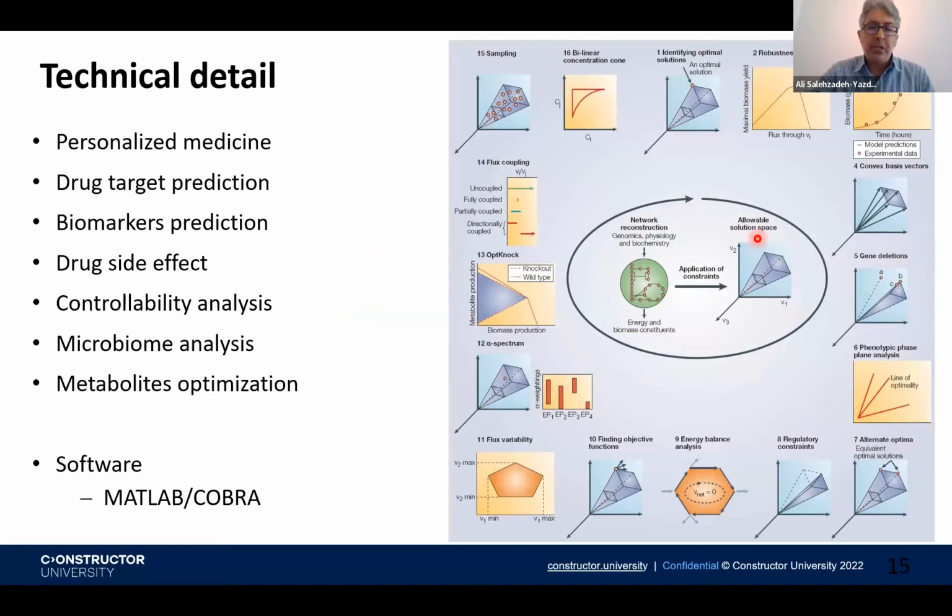Sorry. Which software and which platform are mostly used? Over the last decade, most of the algorithms were developed in MATLAB. And one of the main toolboxes of MATLAB for this type of analysis is COBRA.